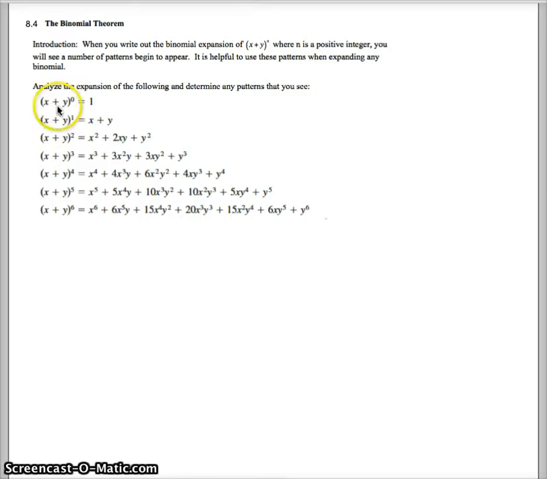Did you notice that the binomial raised to the 0 power contains 1 term? The binomial raised to the 1st power contains 2 terms. The expansion of the binomial raised to the 2nd power contains 3 terms. The binomial raised to the 3rd power has an expansion that contains 4 terms, and this continues. So one pattern I want you to recognize is that when you raise a binomial to a power, the expansion will always contain 1 more term than the power of expansion.